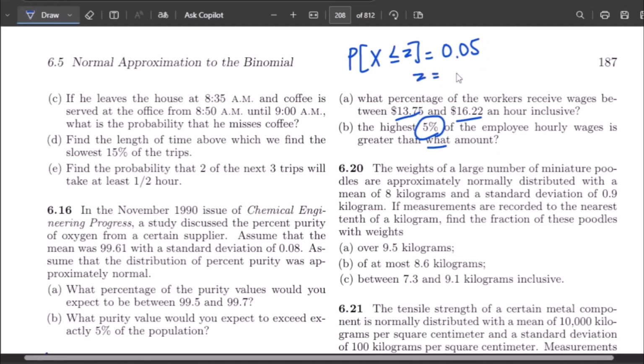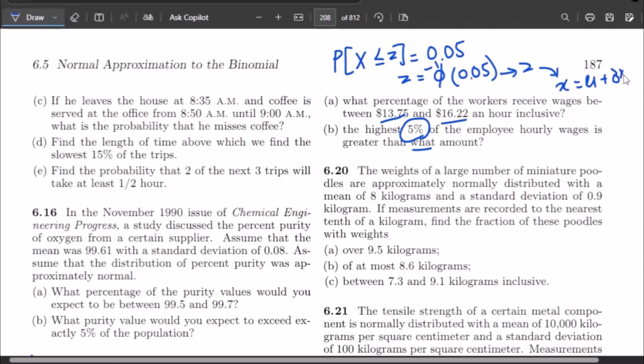First we have to find the inverse of this 0.05. From it we will get the value of z, and from that value we have to find the value of x, which is x equal to mu plus sigma times z, from the same formula we had previously discussed. So this is for part B.